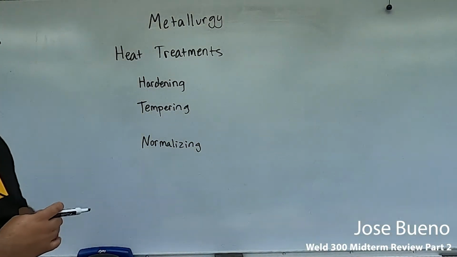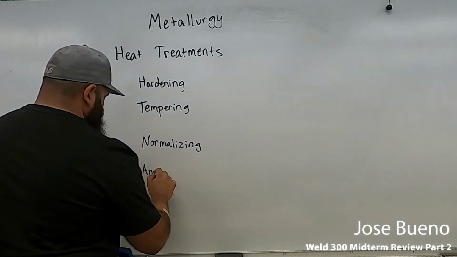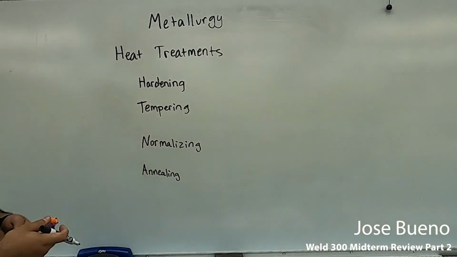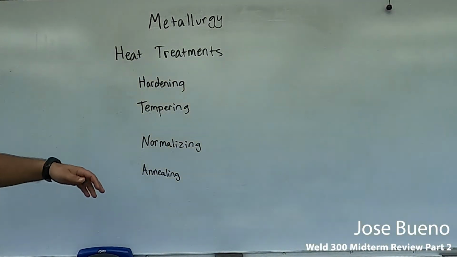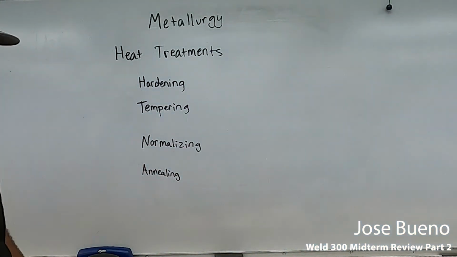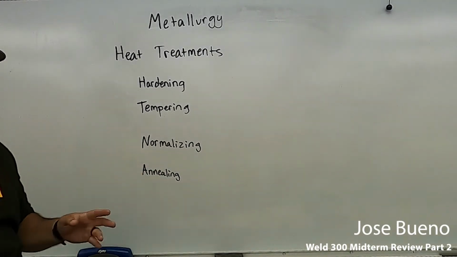And we're going to be talking about annealing. There's a more extensive list of heat treatments, but for this course, these are going to be the 4 that we focus on.